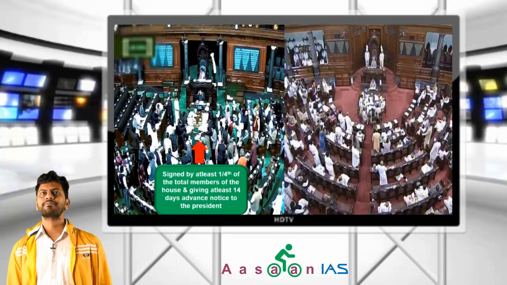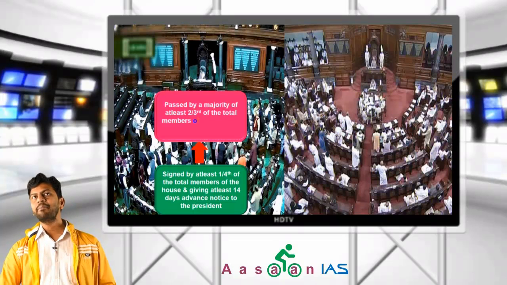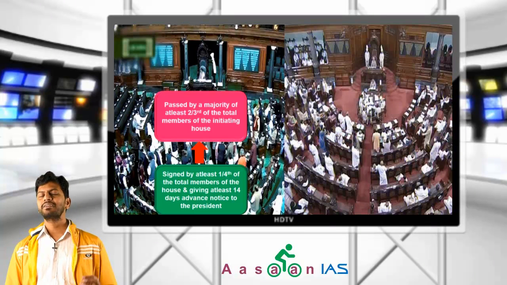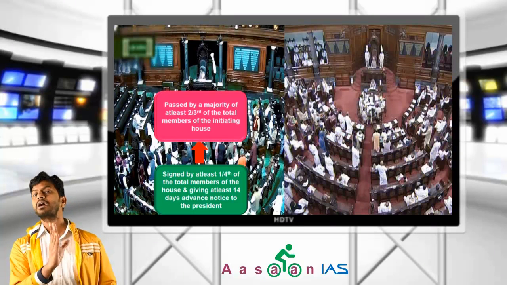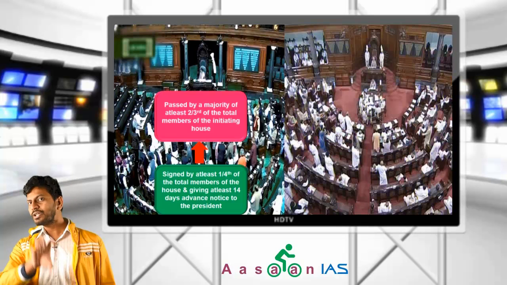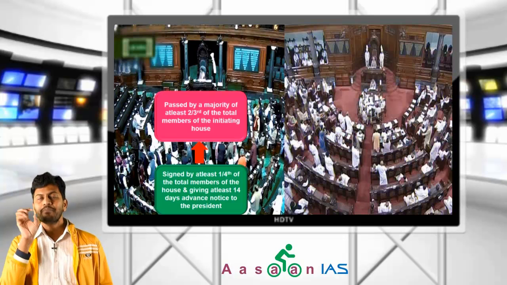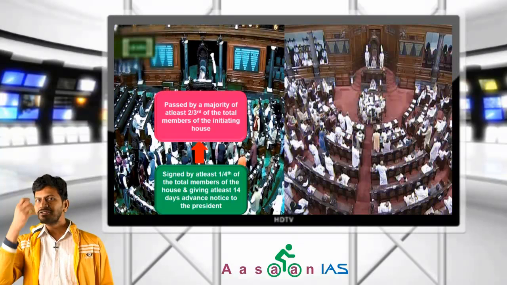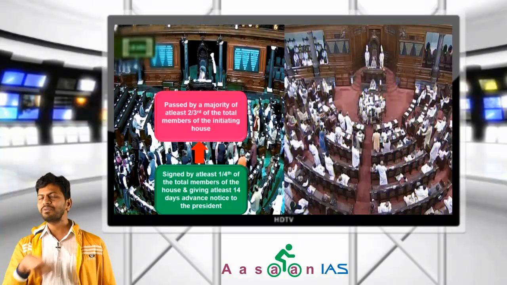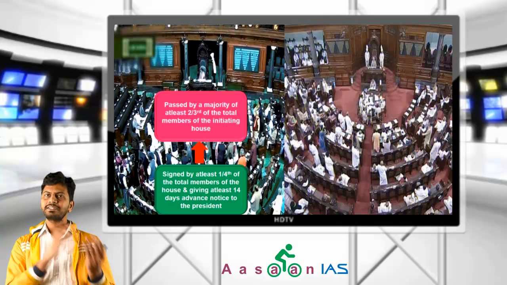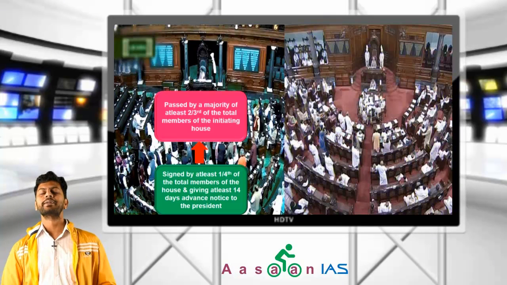Then passed by a majority of at least, see, majority of 2/3, not of the members who are present at that time, 2/3 of the total members of the house. चाहे उस दिन आया नहीं तो कोई लेना देना, total members जितना भी है उस राज्यसभा या लोकसभा में, उनमें से 2/3.